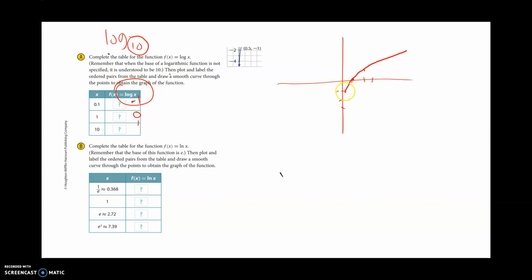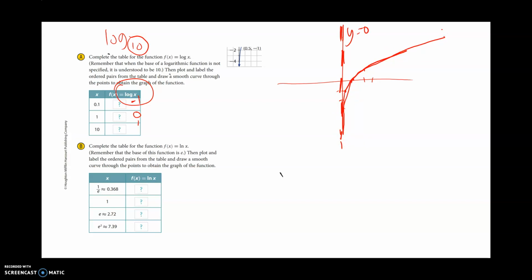And if we did closer to 0, this is what we get: a vertical asymptote here. And this thing slowly is increasing, right?